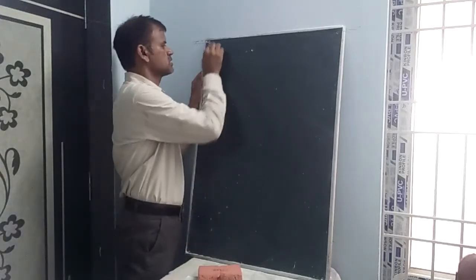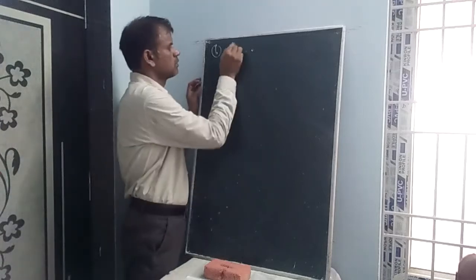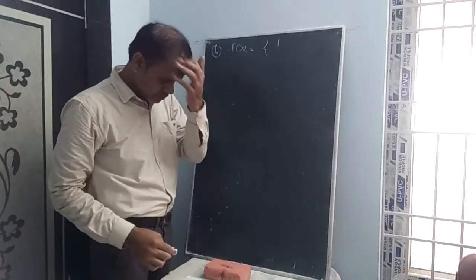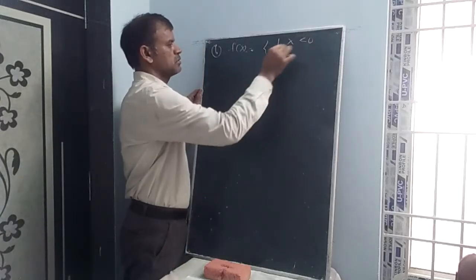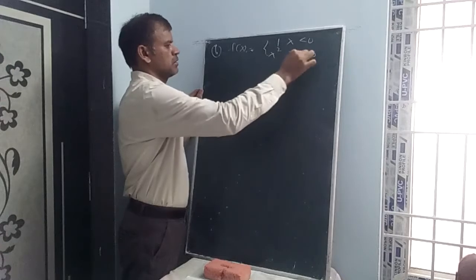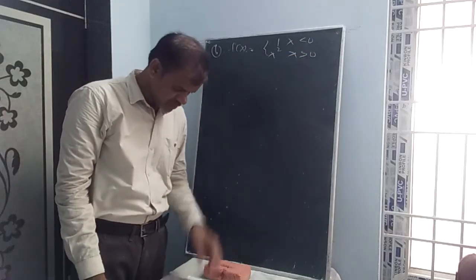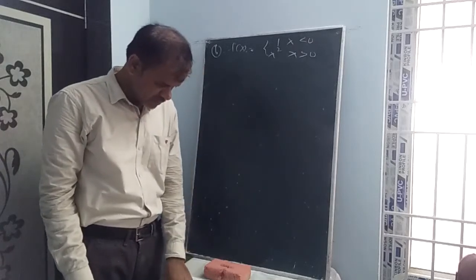Now let us discuss the sixth question. F of x equal to 1 for x less than 0, and x square for x greater than 0. So according to the options, whether it is continuous or differentiable or anything.